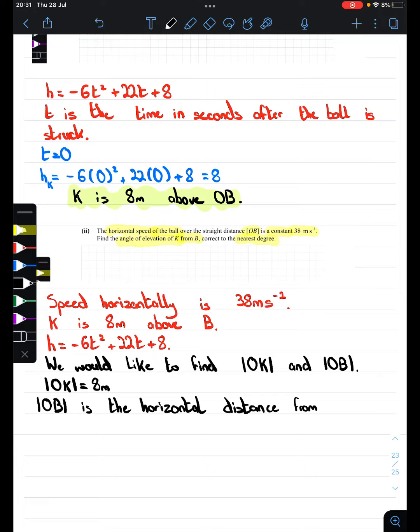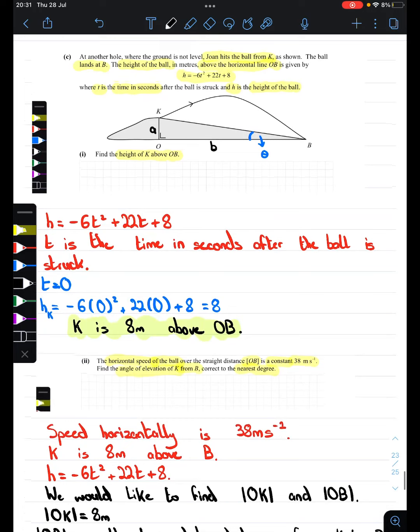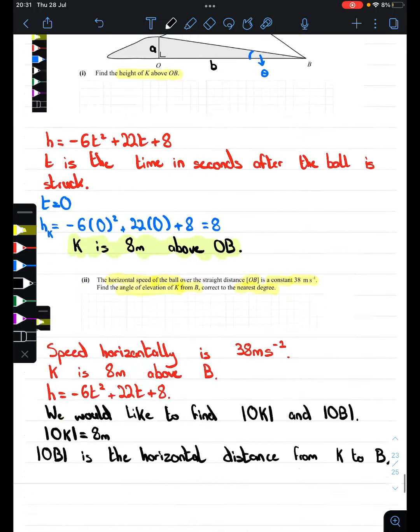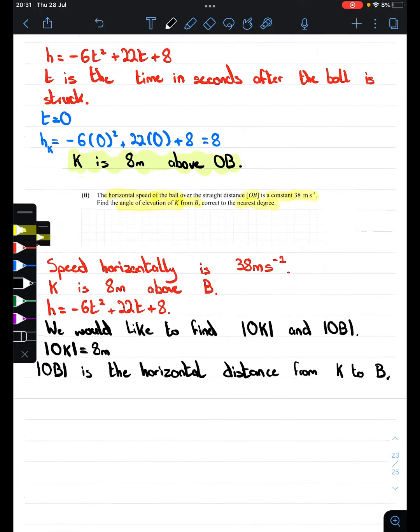We know that it goes horizontally at 38 meters per second, but we don't know for how many seconds.